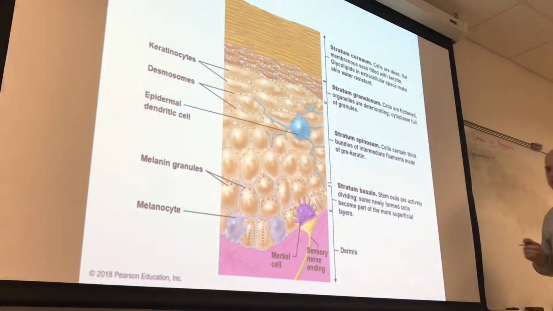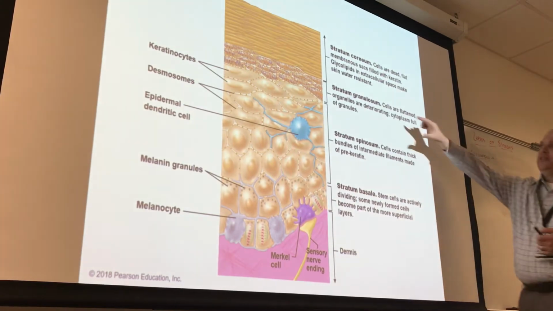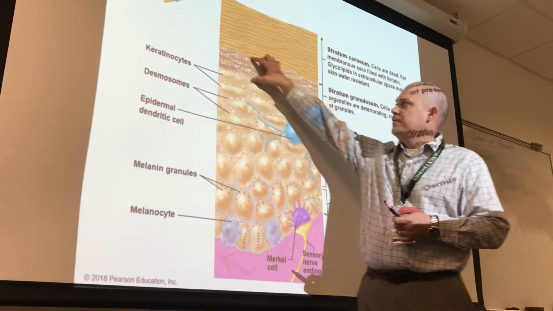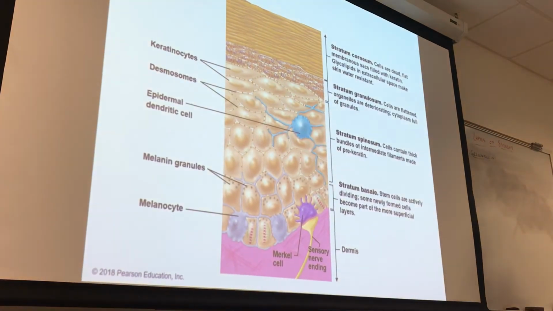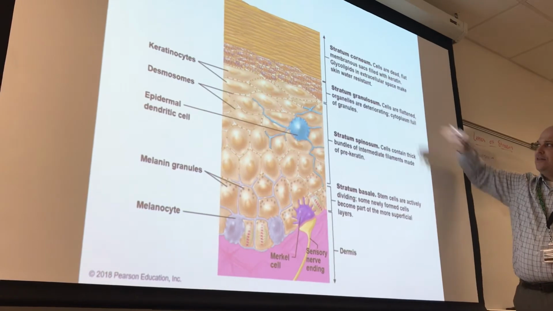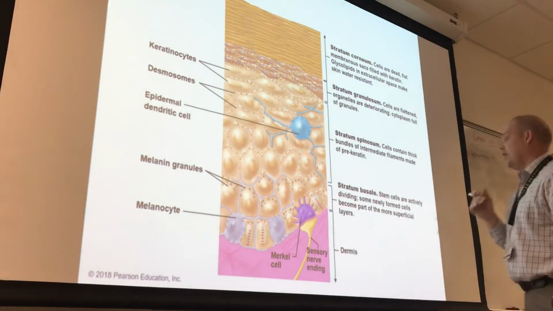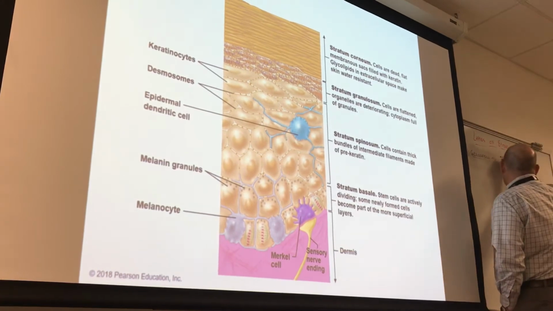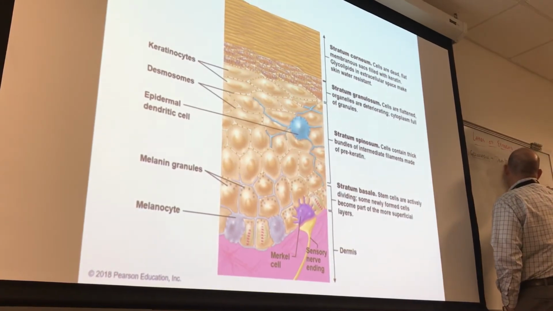Third layer is the stratum granulosum, which is this layer that we see right here. The stratum granulosum is going to be made up of flattened cells. These cells are, for all intents and purposes, gone. So these are going to be dead or virtually dead.